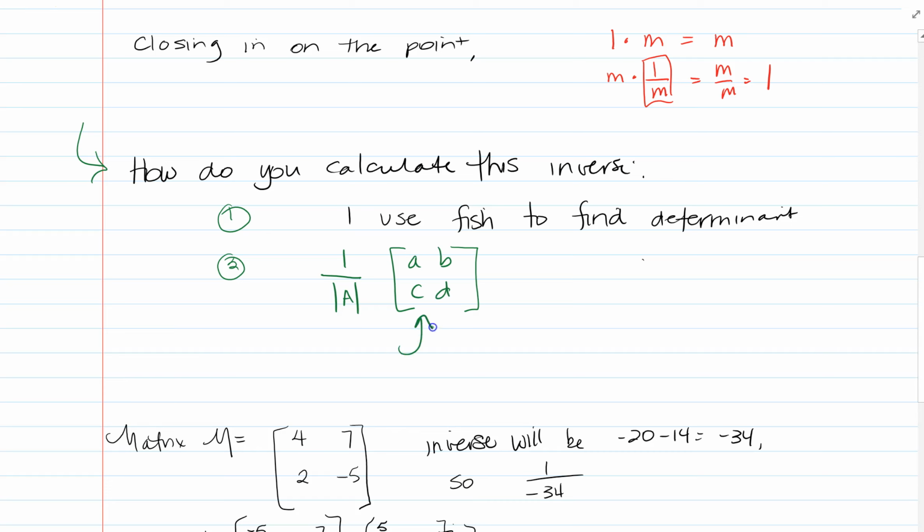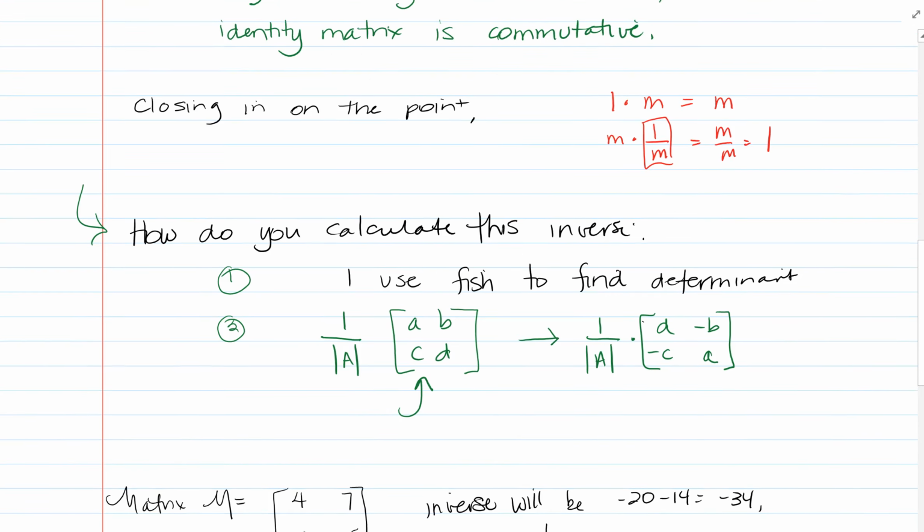If you have this 2 by 2 of ABCD, you're going to have to change things. You put 1 over the determinant times A and D switch places. C and B do not, but they both become negative. I know. And then you multiply. You do a scalar multiplication.